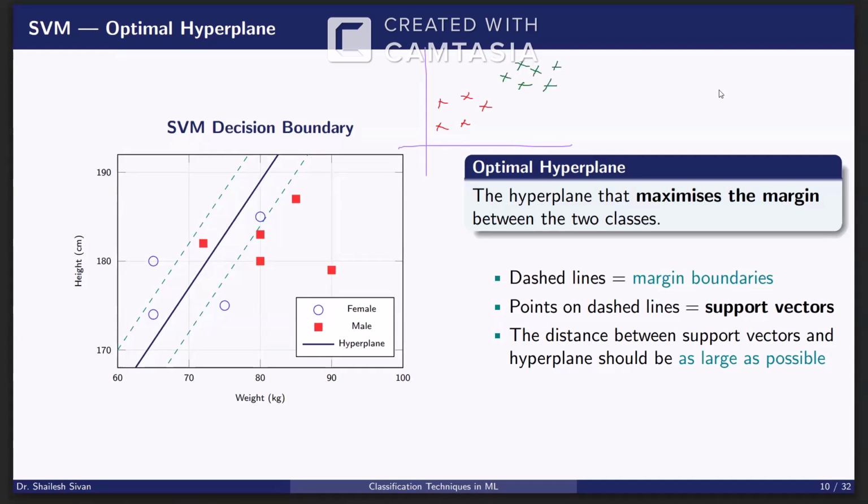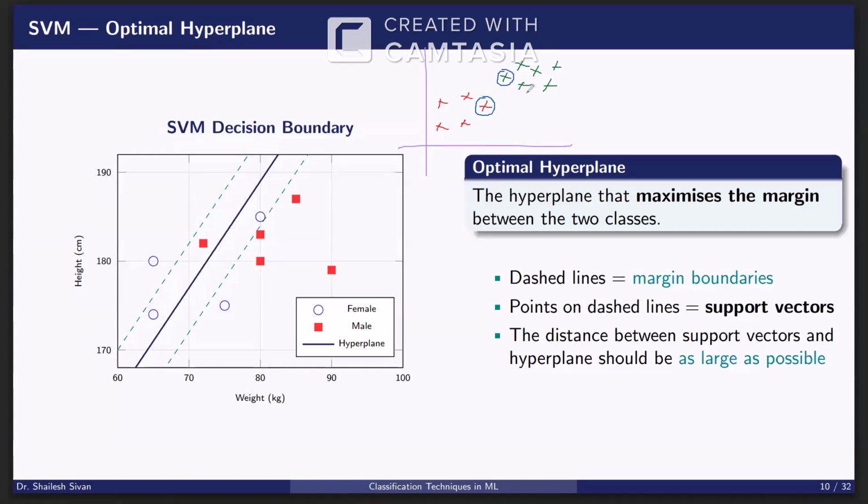Okay. So if you look at this data, you can actually find some data points which are nearer to our boundaries, right? Is it clear?